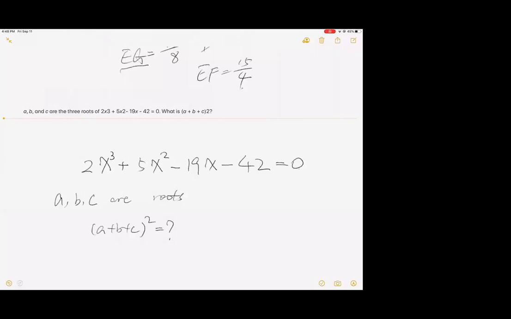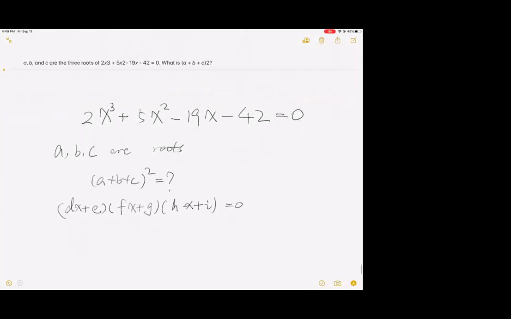Well, for this, I first found that if you factor it out, then it would be in the form of dx plus e, times fx plus g, times hx plus i, equals 0.